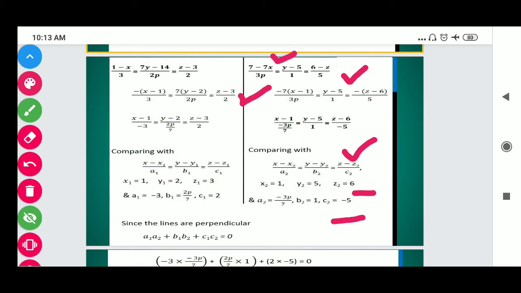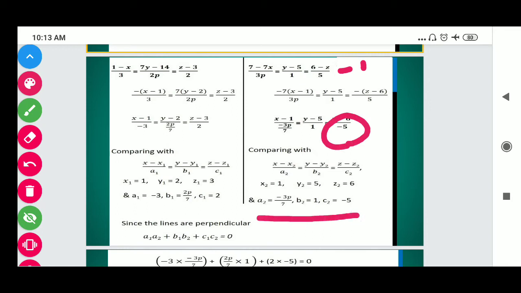By dividing the numerator and denominator by minus 7, we get in the denominator minus 3p over 7. In the same way, (y minus 5) over 1 is correct, and in (6 minus z) over 5, the coefficient of z is minus 1. By dividing the numerator and denominator by minus 1, we get in the denominator minus 5. So a2 is minus 3p over 7, b2 is 1, c2 is minus 5.